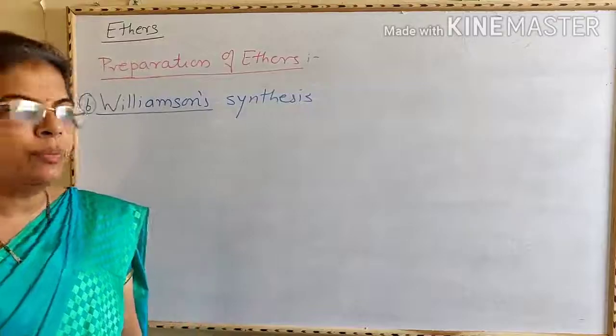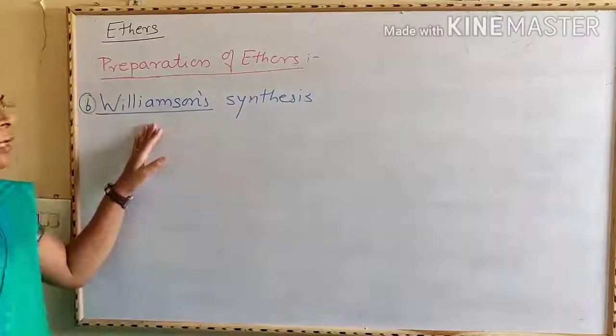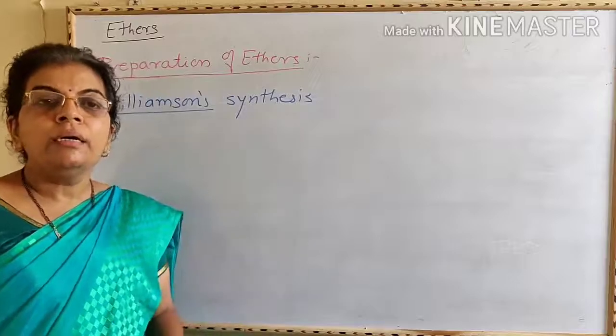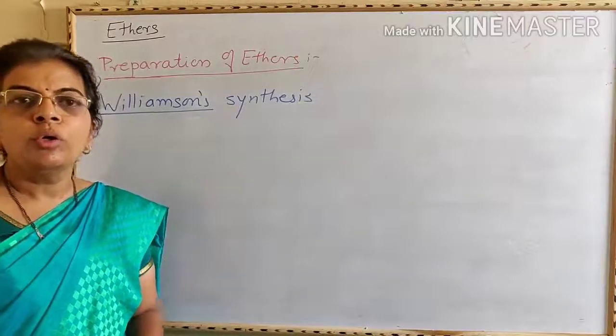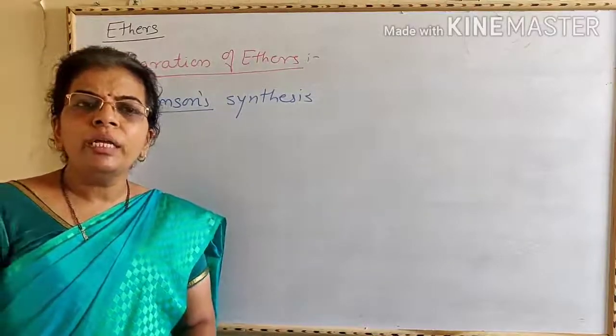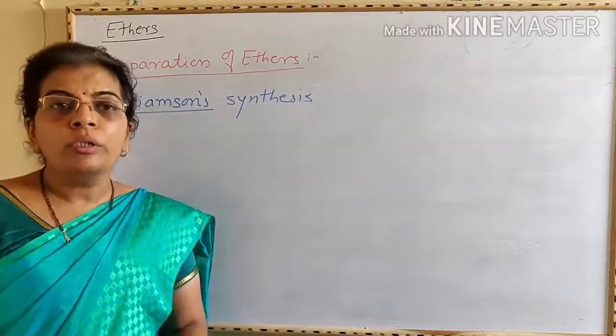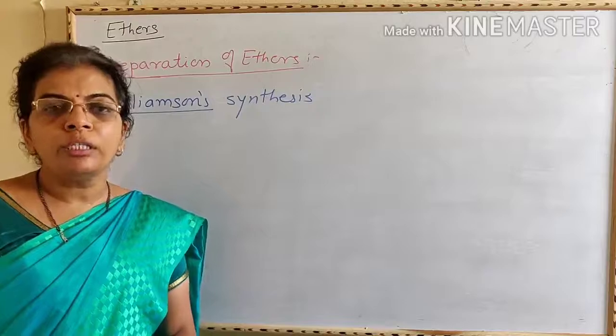The next method for the preparation of ether is Williamson synthesis. This method we have seen in halogen derivatives also. In halogen derivatives, when they undergo substitution reaction with sodium alkoxide, then formation of ethers takes place.